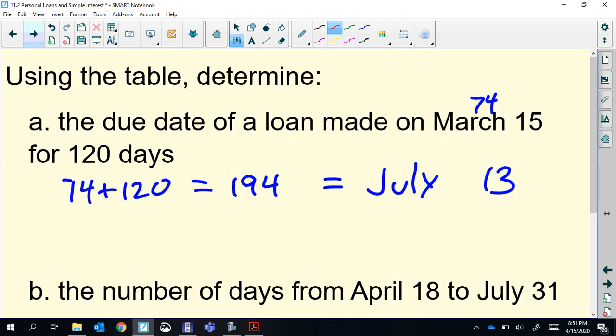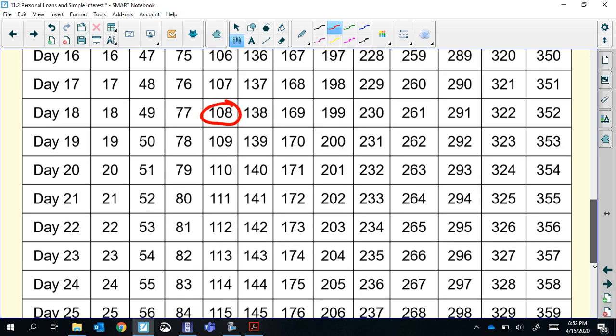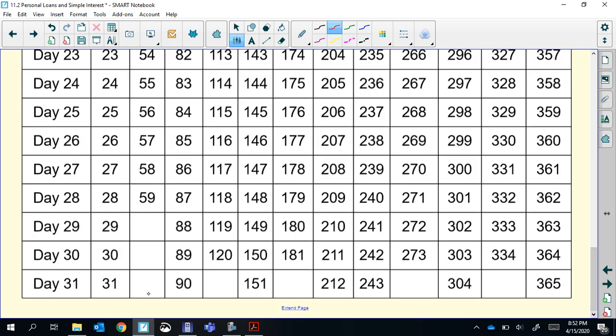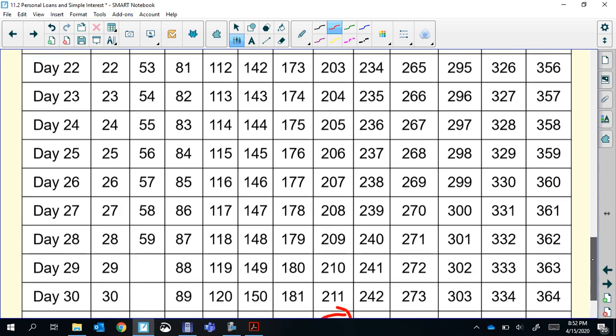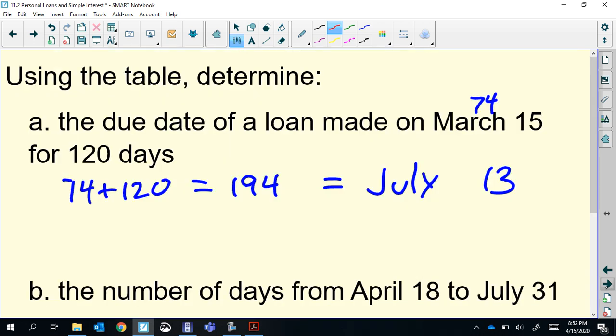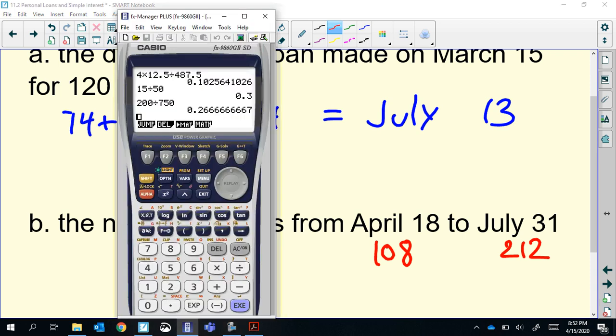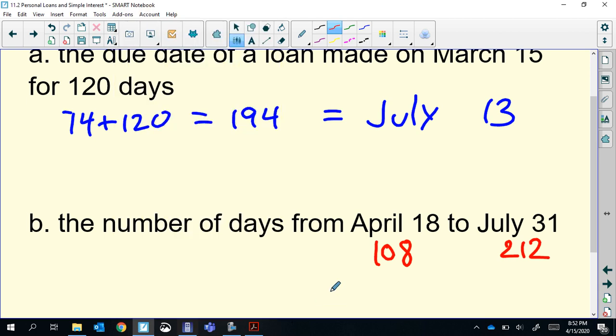And we're going to July 31st. That'd be day 212. So from 108 to 212, the number of days in between there is 212 minus 108. It's 104 days.